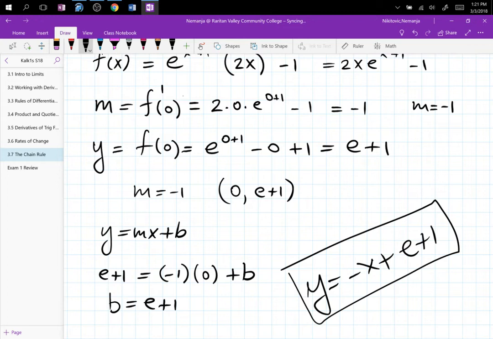You are not used to linear lines having the constants e and pi and so on, but as you can see, you can have that. Again, the e plus 1 can be approximated in terms of decimals to about 3.7, so it's fine.